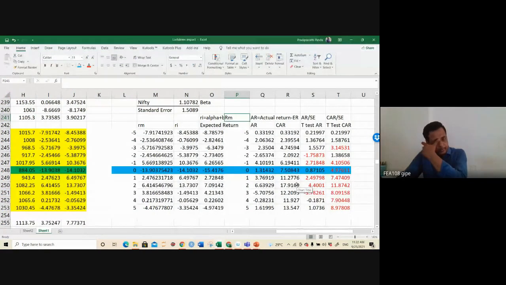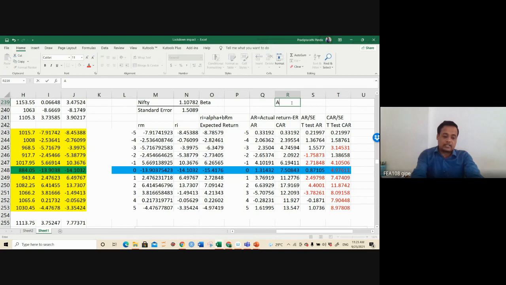There are many papers that also consider that, but what you can do is calculate the AR of all the companies: AR of Reliance, AR of SBI, AR of Dr. Reddy. You calculate all 50, then take the average AR, that is called average abnormal return, AAR.